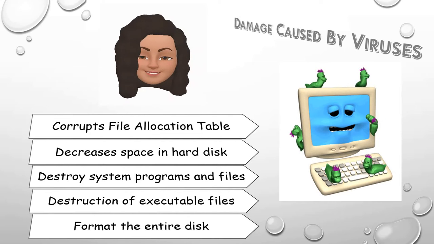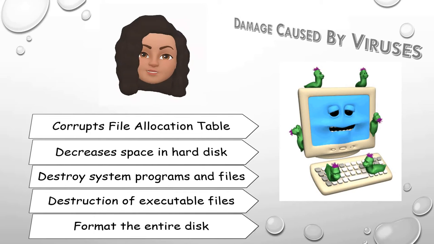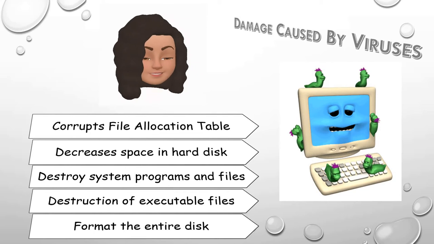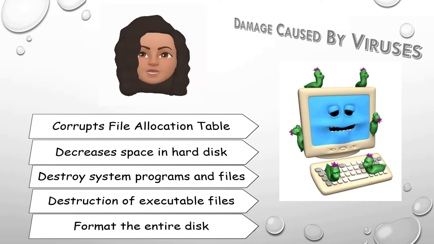So a virus is a malicious program that damages the data and files of a system, and it can also corrupt your allocation table. To prevent this, use antivirus software to remove viruses, and frequent update of your computer system is required.